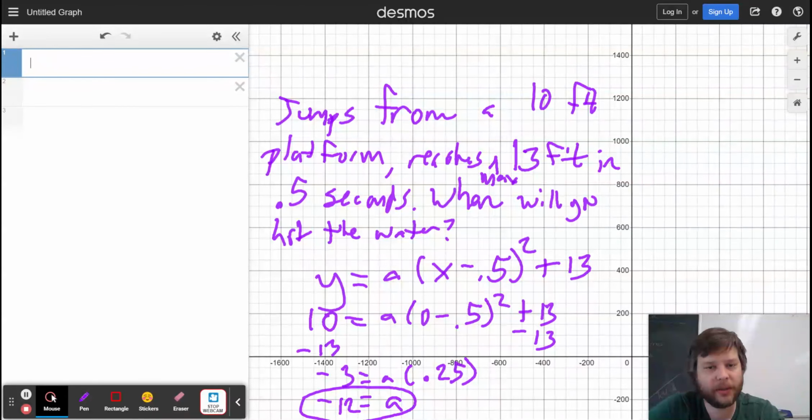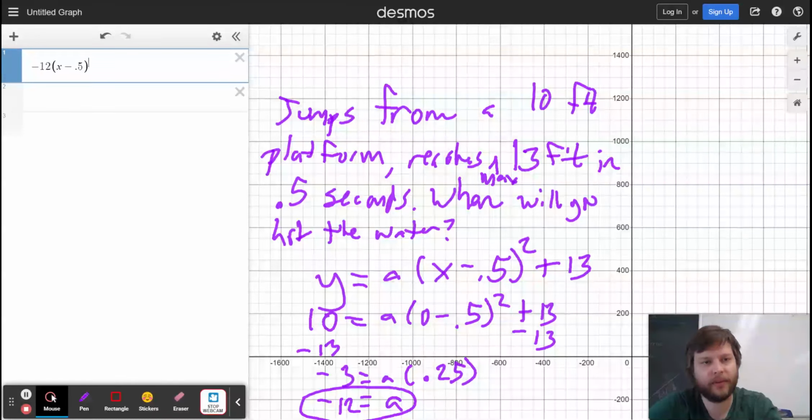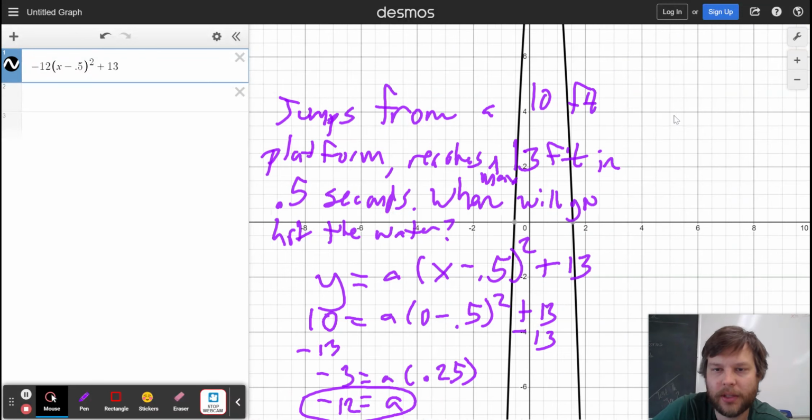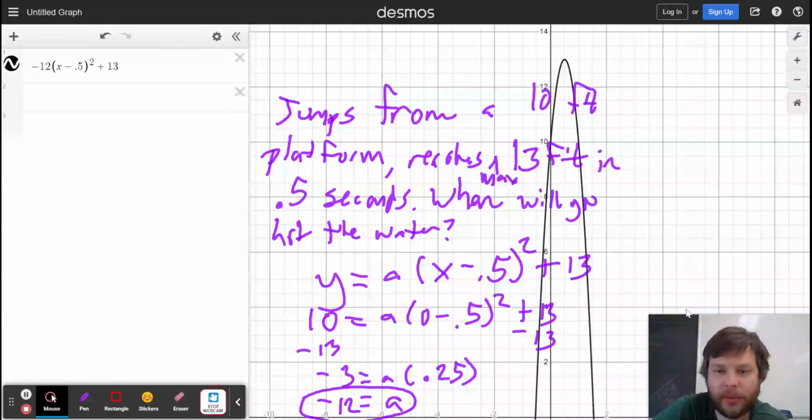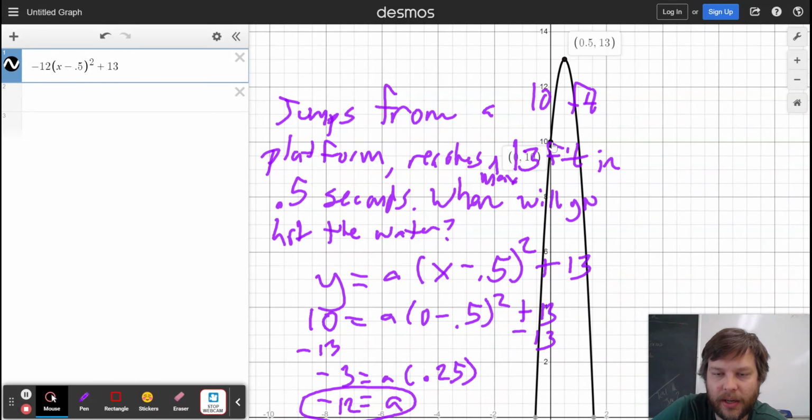If you type your equation in, -12 times (x minus 0.5) squared plus 13, and go back to my normal zoom, you can see the vertex is just like I said it would be, and the y-intercept is just like I said it would be. Then you want to find out when it hits the ground, which turns out to be 1.541 seconds if you solve it by graphing.